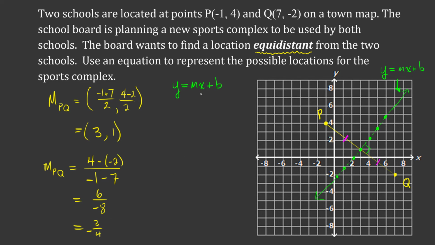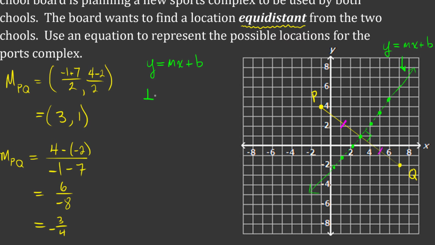Well, what does that mean for my green line? It means that the slope of my green line, otherwise known as the perpendicular slope, is the negative reciprocal of that, 4 over 3. So I can begin my equation 4 over 3 x plus b. So the only thing left to get the equation of the perpendicular bisector that is the equidistant locations for this sports complex is the b value.